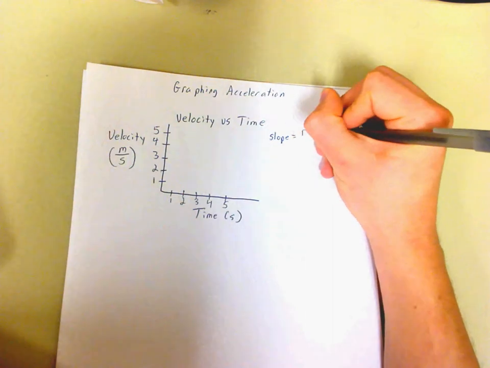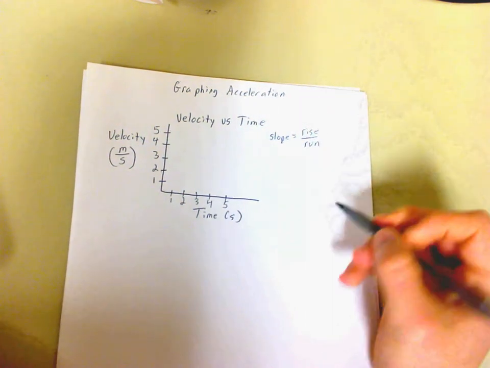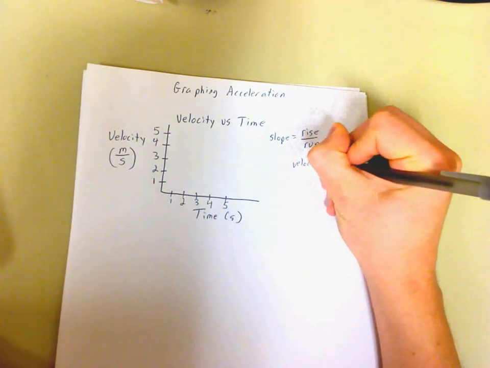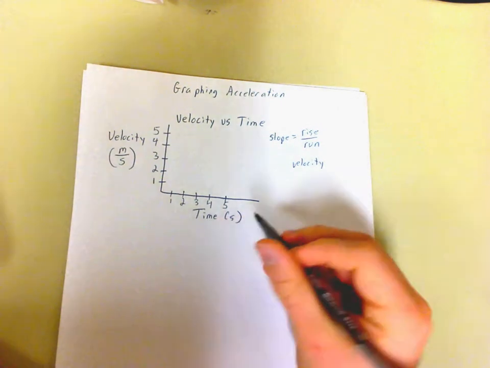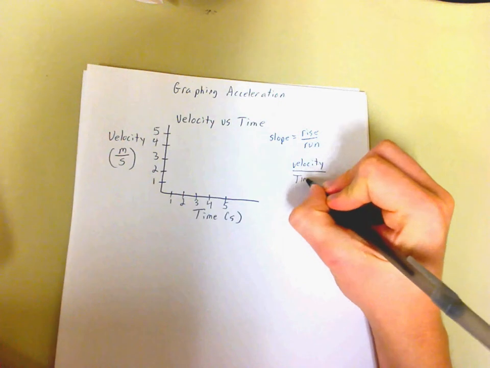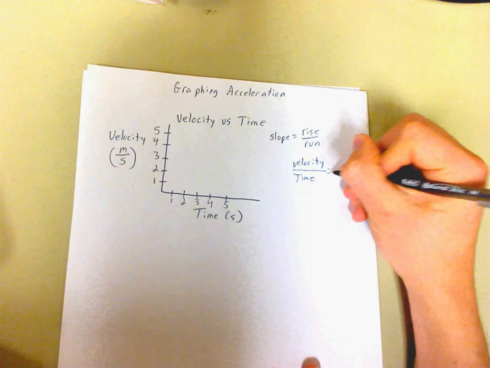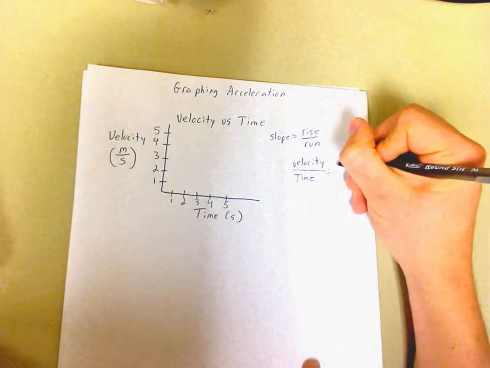First we check out our rise, which is velocity, and we check out our x-axis, which is our run, so that would be the time. And remember the units that we worked with before, like we have here, meters per second.